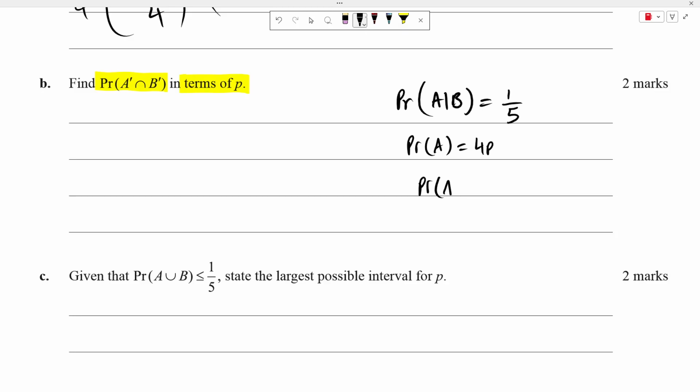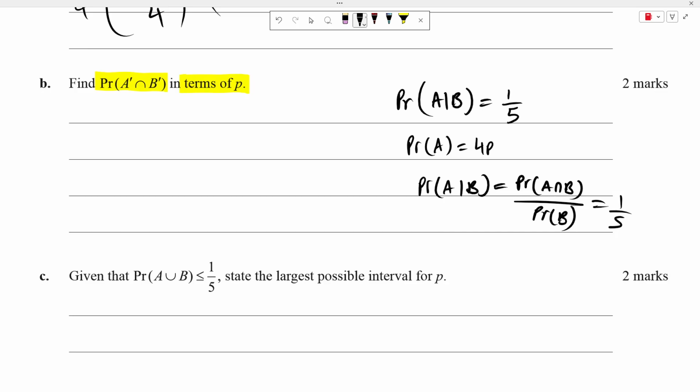Now, if I write the probability of A given B as the probability of A intersection B divided by the probability of B, it's going to make things a bit easier as we'll be able to find the probability of B, because we know that the probability of A given B, which is also equal to the probability of A intersection B divided by the probability of B, is equal to 1 over 5.